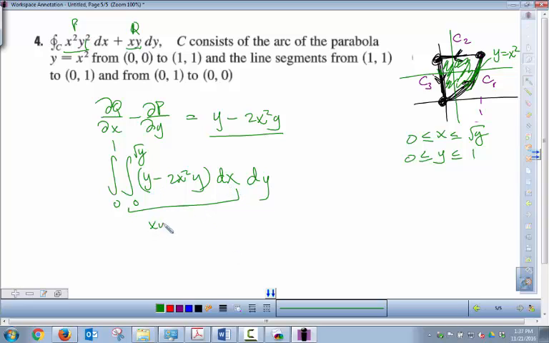This is xy minus 2, this is going to be x cubed over 3. And then I need to evaluate this from 0 to square root of y. These are my x values.